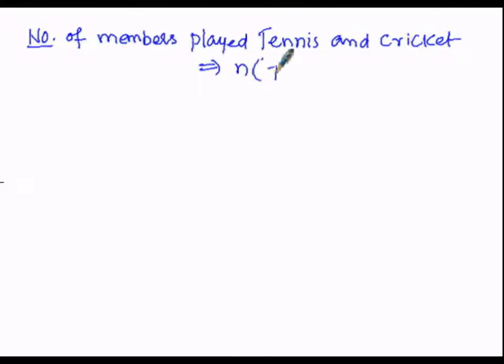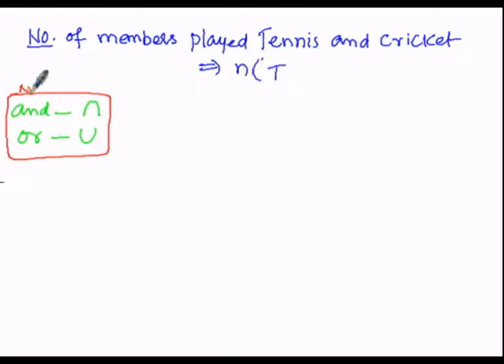Here tennis by T, and 'and' indicates the intersection, and 'or' indicates the union. So these two must be noted. So n of T intersection C is equal to 70 members who played both tennis and cricket.